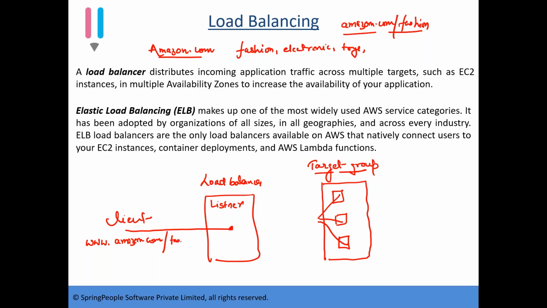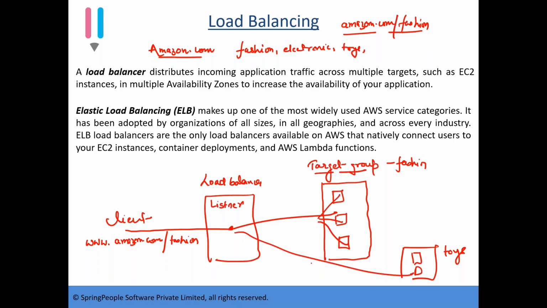So there will be multiple target groups. Let's say this target group is serving fashion, and this target group is serving toys. If you are looking for fashion, your request will be sent here. If you are looking for toys, your request will be sent to this new target group. According to the rule you defined here, your request will be routed accordingly.